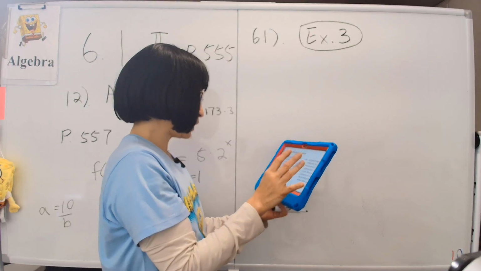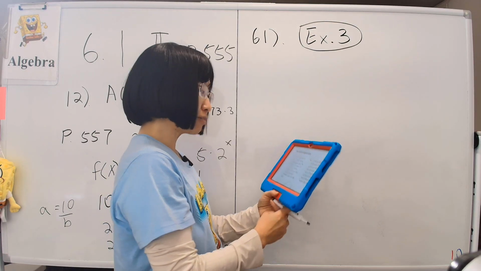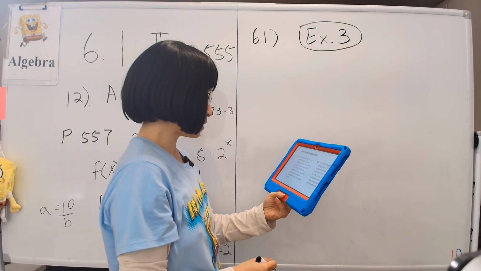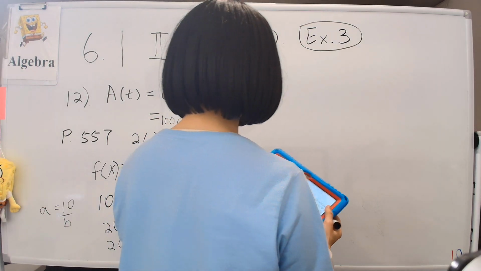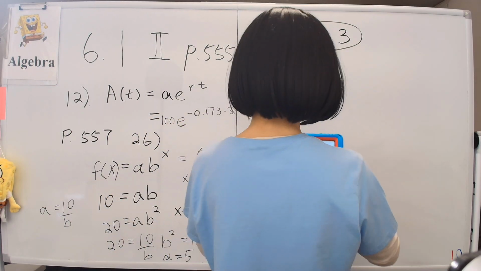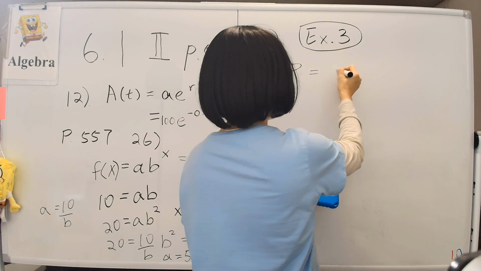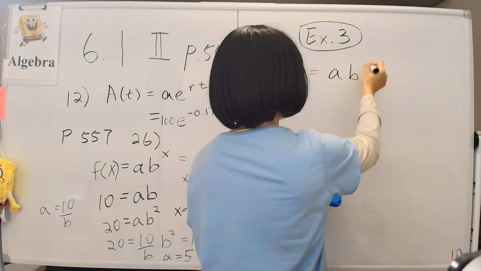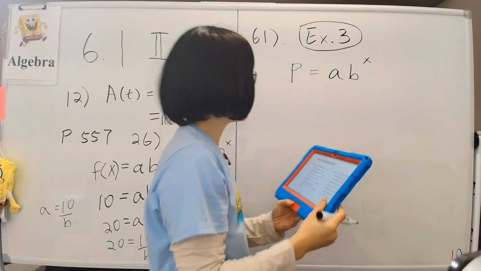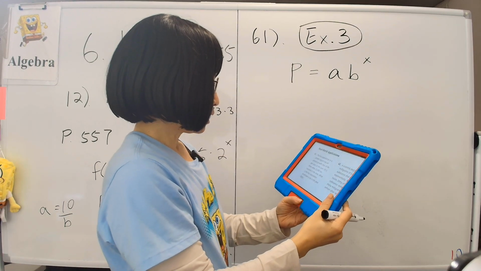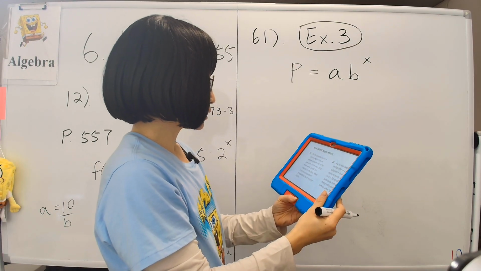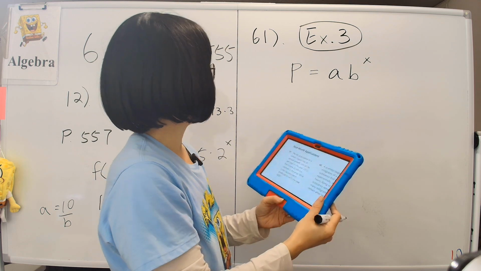The fox population has a growth rate of 9% per year. Okay, so the formula is still this thing right here, and this time we're going to write down P for population equals A times B to the x, where A is the initial value and B is the growth rate, and that is the population formula in general, and x is the time.